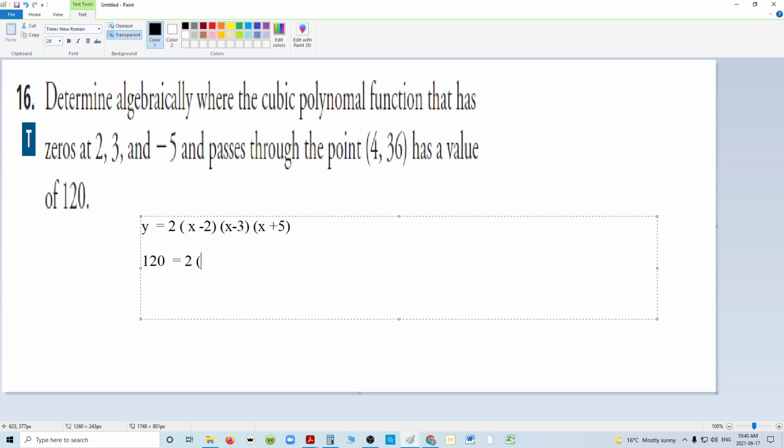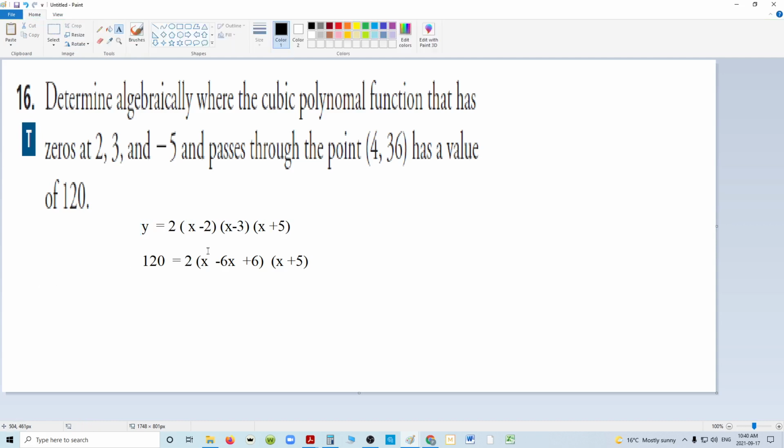Well, to do that, I have to expand it. I get x squared minus 6x plus 6. This is kind of a pointless endeavor. I'd probably just use graphing technology at this point to solve this answer. And then I'm going to use my box technique to come up with my new polynomial. And the box technique is this.